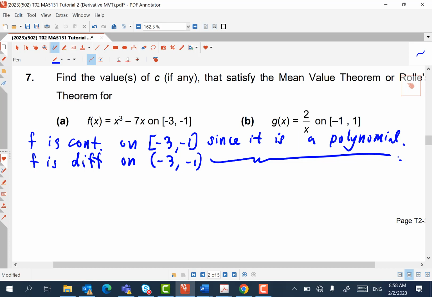No need, because it's a polynomial. You just state. You don't have to prove that it's continuous. You have to at least state, so that the marker knows that you know the requirements before you can use the MVT. Then say by MVT.